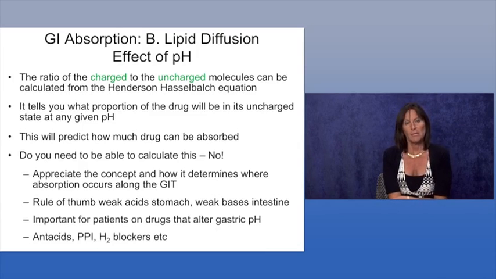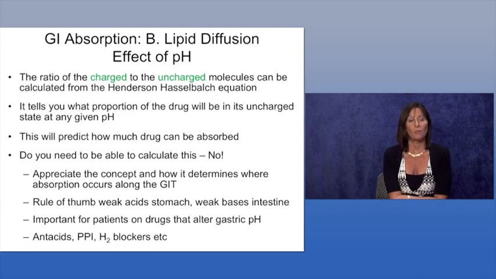For example, the pH in the stomach is very low. It's an acidic milieu. The pH in the small intestine is significantly higher. It's a much more basic environment. So we use this concept to predict how and where drugs might be absorbed from the GI tract.